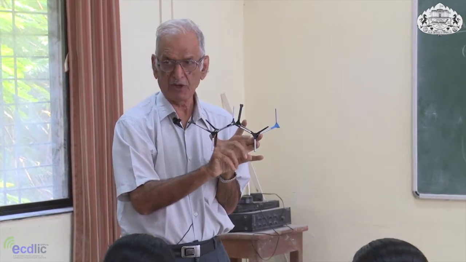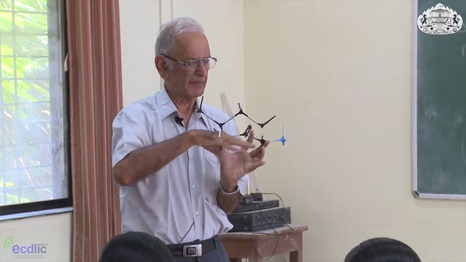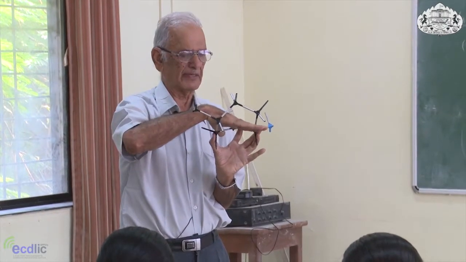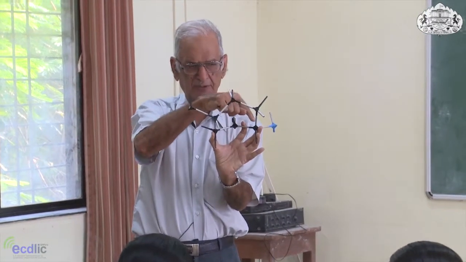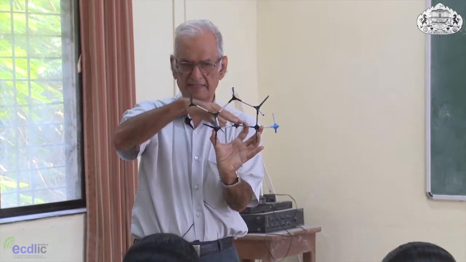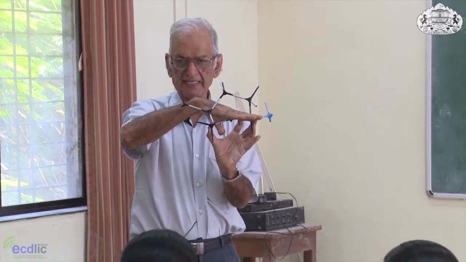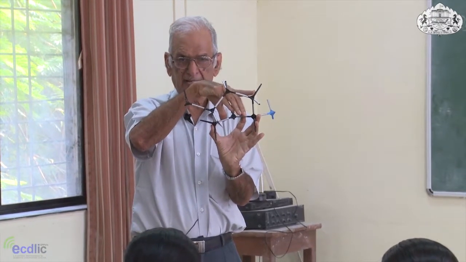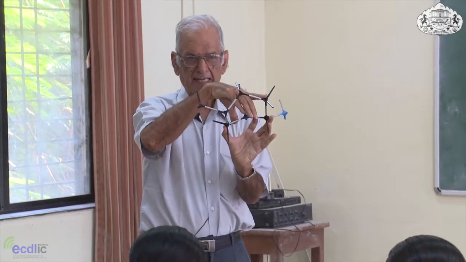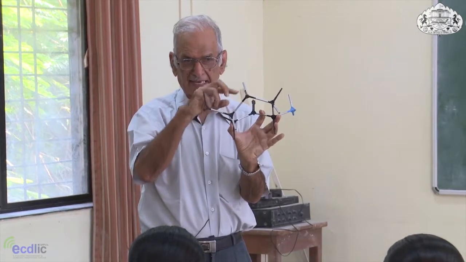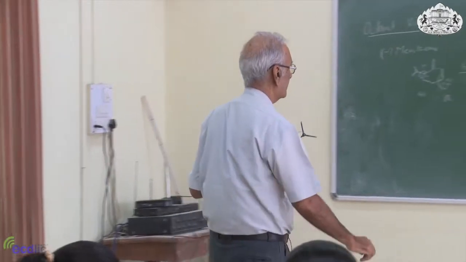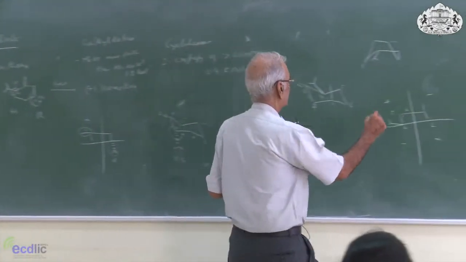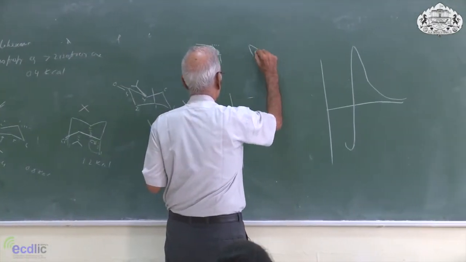Plane B passes through this, this and this. Now, what do I see? This carbon is above the plane. This carbon has gone below the plane. Okay. Let us take that to the head of the chair.